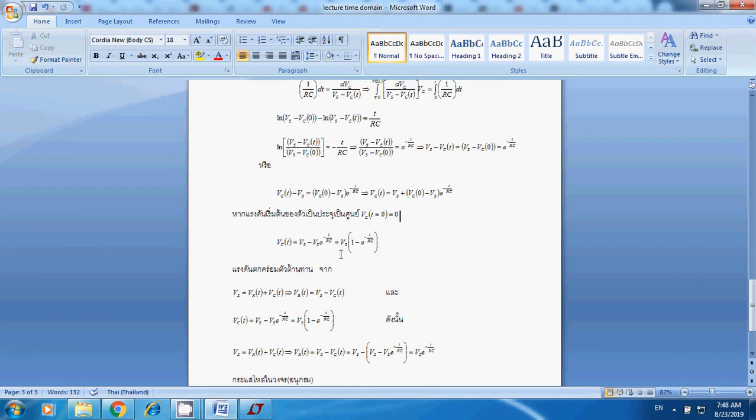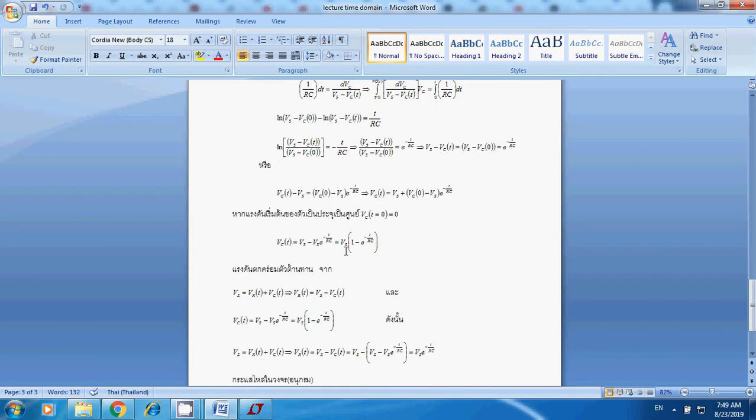So at the time t equal to 0, when you switch the input signal or the supply voltage, you don't have a voltage across the capacitor. Now when the time passes by, this term drops, because it becomes smaller and smaller. So finally you're going to end up with Vc(t) equal to Vs, and that's what we call a fully charged capacitor.